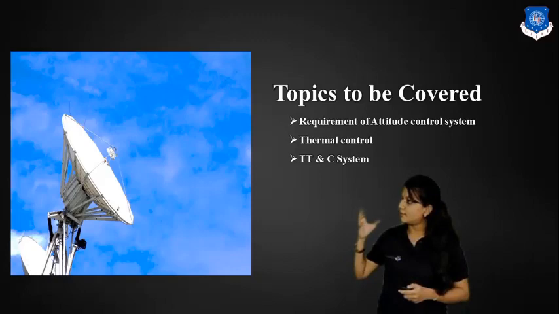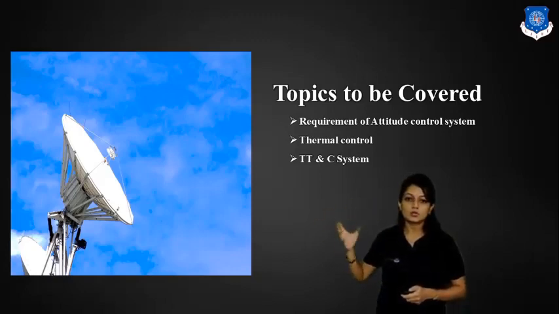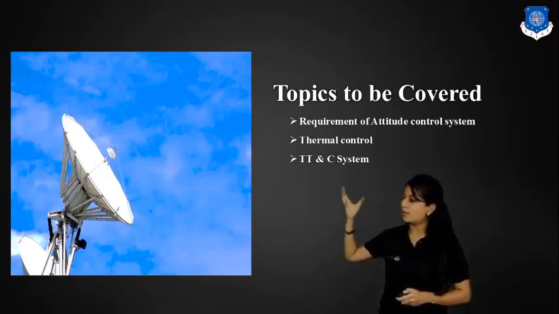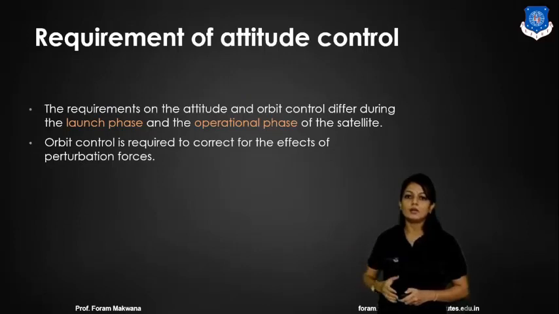So why is this attitude control required? That we will see in today's session, along with what we mean by thermal control and what telemetry, tracking and the command system are.